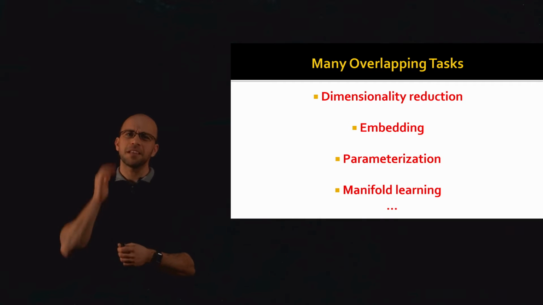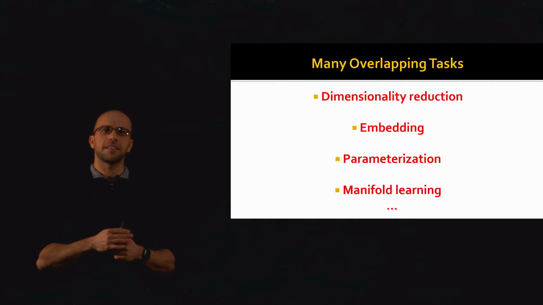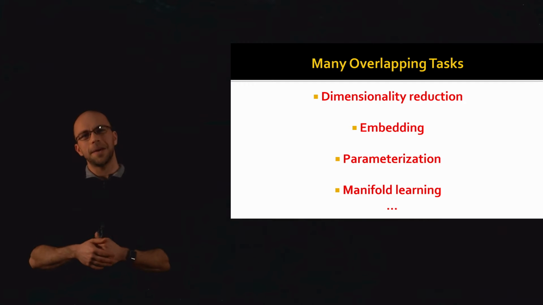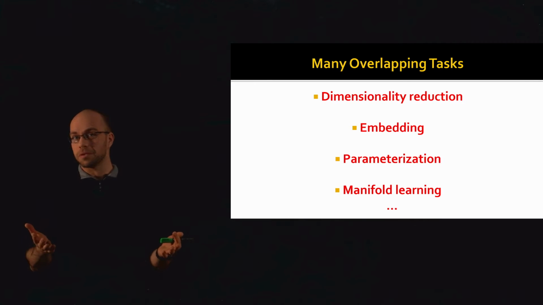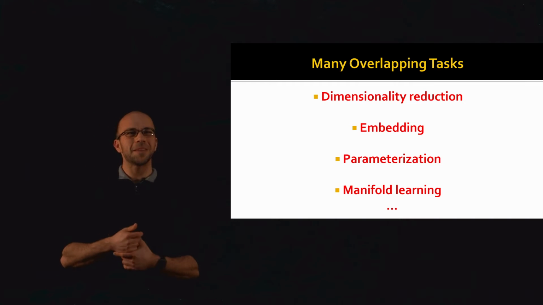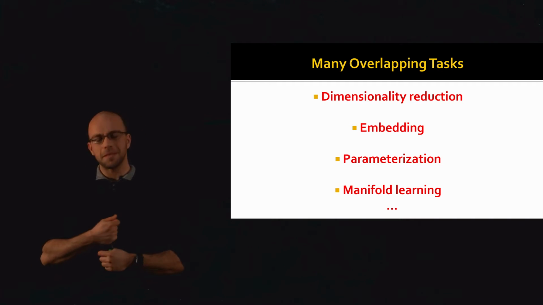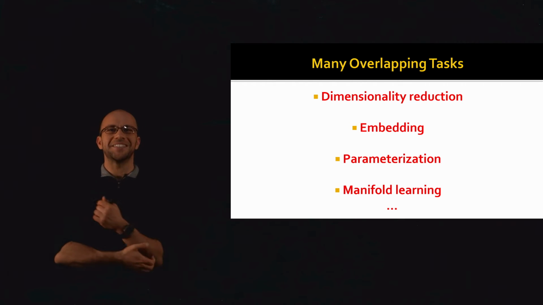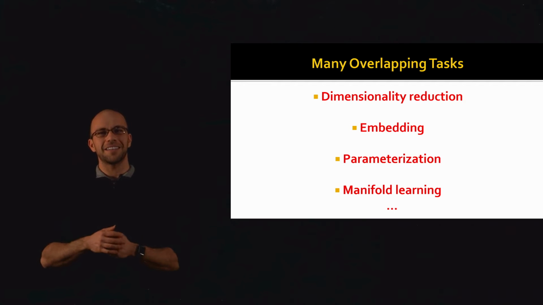Typically Euclidean space, but not always. So for instance, some of the different terms that you might hear are dimensionality reduction, embedding, parametrization in computer graphics, manifold learning in graph theory and in machine learning, and so on. All of these different tasks have a very similar flavor and actually can be described using roughly similar language, which is kind of useful in our 6838 course.